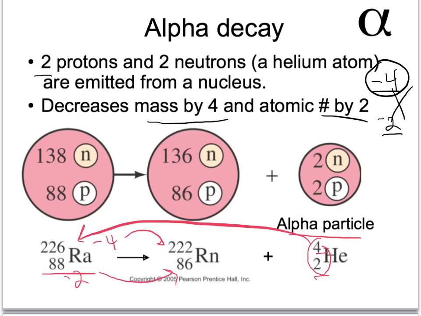Now, to figure out what element it is, you'd have to refer to a periodic table from chemistry. An atom with 86 protons is radon, and its atomic mass, we know by simple subtraction, is 222. And so, if you were asked a question of a particle undergoing alpha decay, that's literally all you do. You just subtract 4 from its atomic mass and 2 from its atomic number.